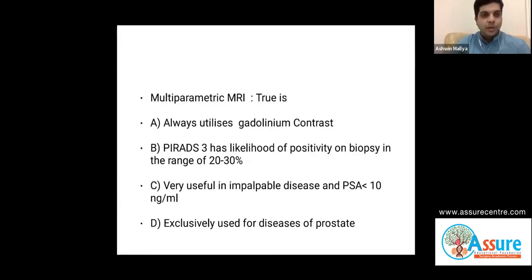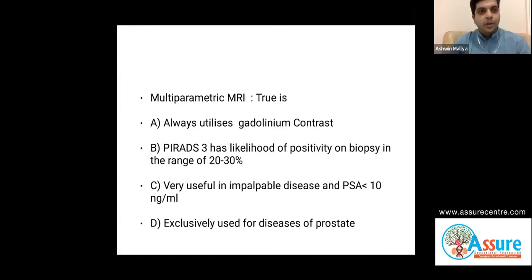Again, let's take the options one by one. So what is multiparametric MRI? It uses multiple parameters on MRI to detect prostate cancer, or any malignancy or disease that you're trying to look for. If you take the example of the prostate, it uses T2 weighted imaging, diffusion weighted imaging, and dynamic contrast enhanced imaging.